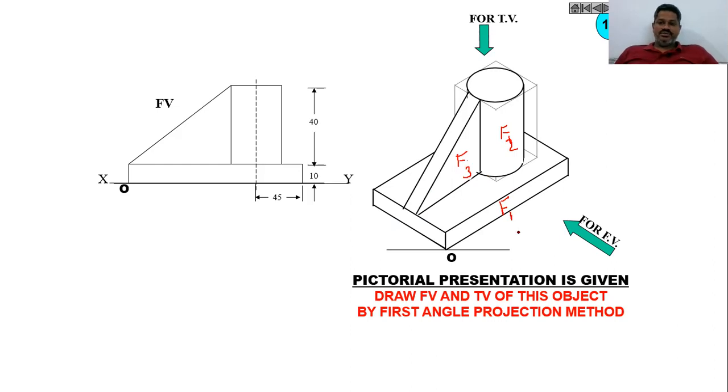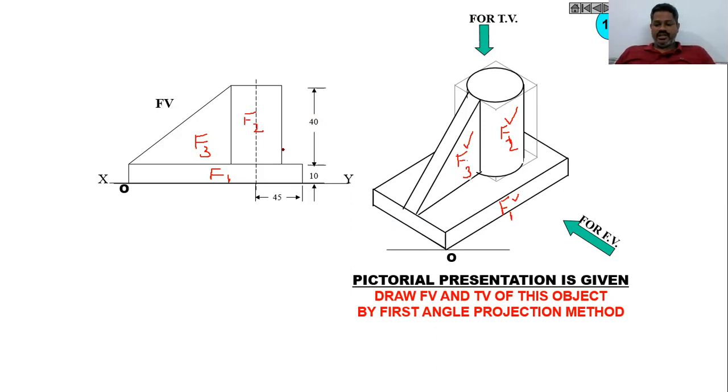Totally in front view we will get 3 faces. One is this F1, then over F1 we will get one F2, then finally we will get F3 triangular surface. As you can see, this is our F1, then this is our F2, then finally we have one shape that is triangular shape. This is F3. This is exactly the front view of the given component.